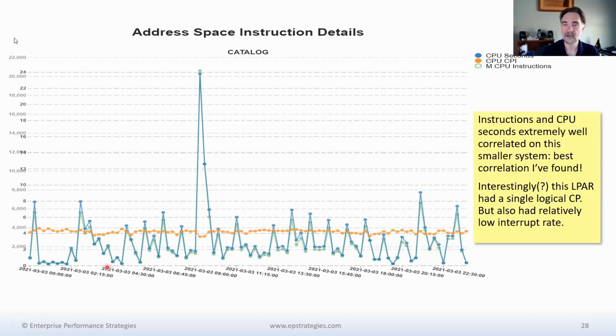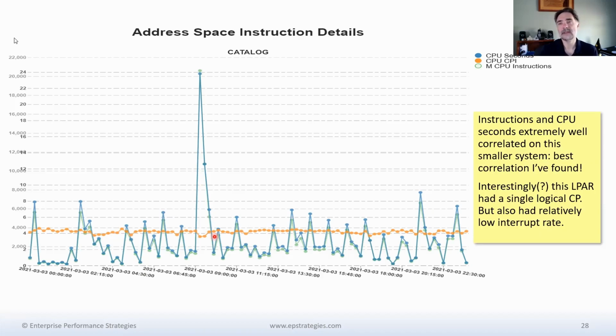And you'll notice here too that the CPI in orange becomes very consistent throughout the day, which is actually what we would expect. We expect that the catalog address space is probably doing roughly the same type of work all the time, even though the amount of work may be variable in terms of the number of catalog lookups happening in any one given interval. We expect that the type of work it's doing, the instruction mix, is probably pretty similar from interval to interval.